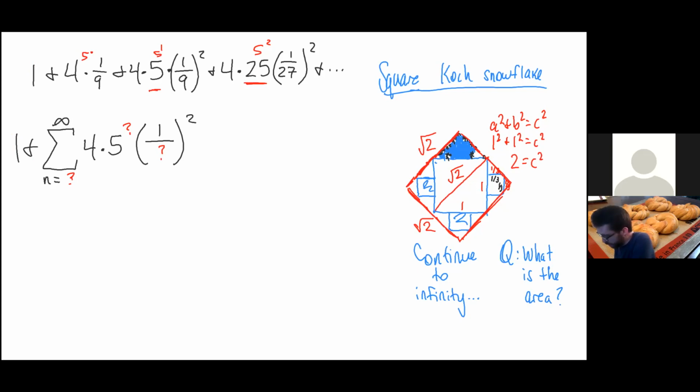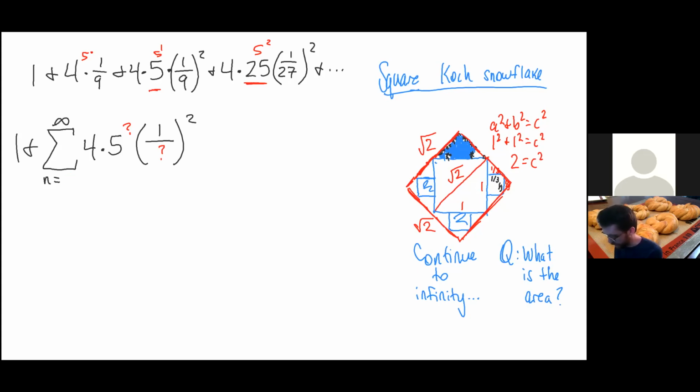Next question is what goes in these question mark spots? So let's think about it. Let's pick a value of n first, so the base of this sigma notation. You could pick anything, but picking something nice would be a good start. So let's say that goes from n equals 2.